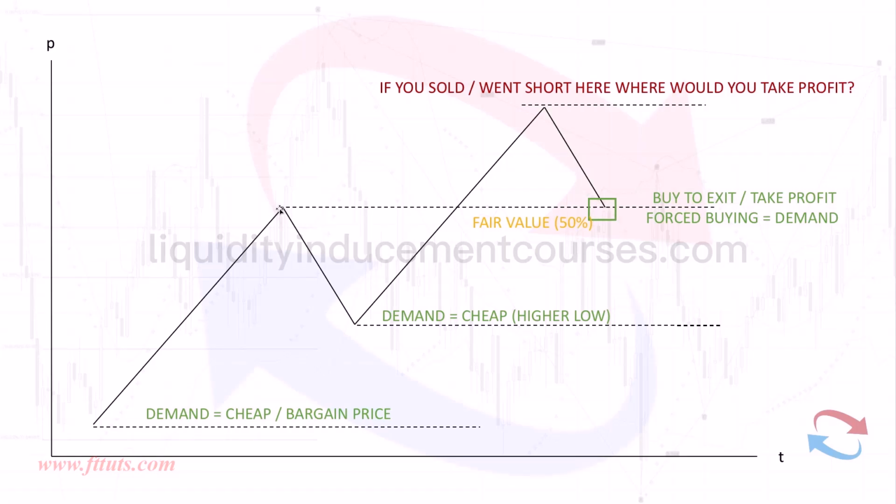Obviously this is a chart, and we're just doing it for the sake of the chart as far as where this support and resistance level is. But usually, if you're looking at the lows to the higher low to the higher high, this would be around the fair value area, or could be slightly above it or slightly below it. But the principles are still the same.